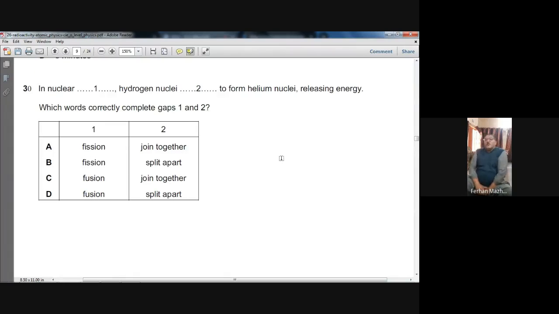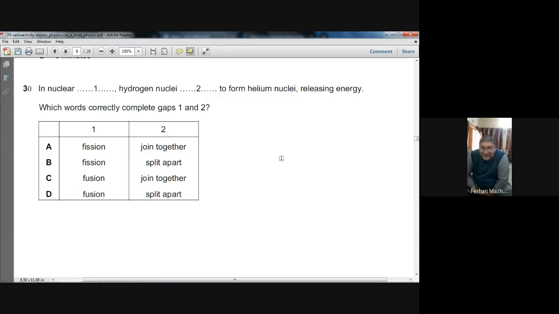Question number 30. A nuclei, one hydrogen nuclei, two to form helium nuclei, releasing energy. Which words correctly complete gaps 1 and 2? Okay. This happens in nuclear fusion, which is happening on the sun and the stars.